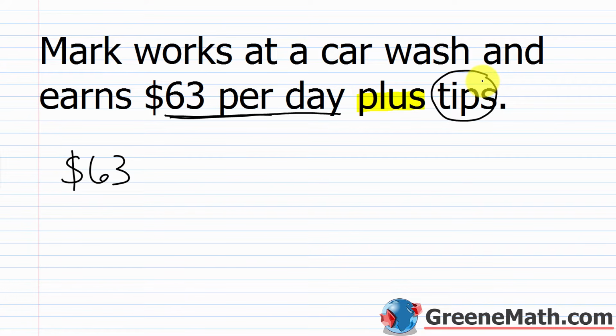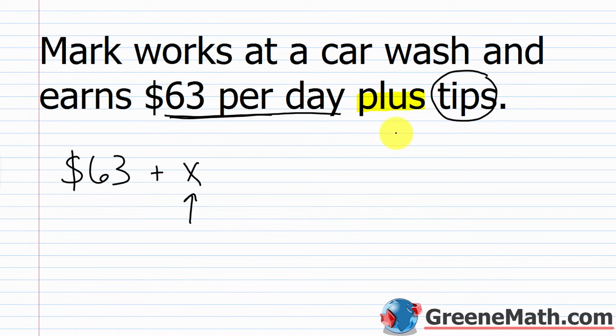Just like a waiter or anybody who works in the service industry that gets tips, you don't know what you're going to get in tips that day. You might get a customer that overly tips or a customer that under tips. So that amount's going to vary. So we can represent this unknown with a variable. So I'd put $63 plus, and let's use the common variable of x. So plus x.